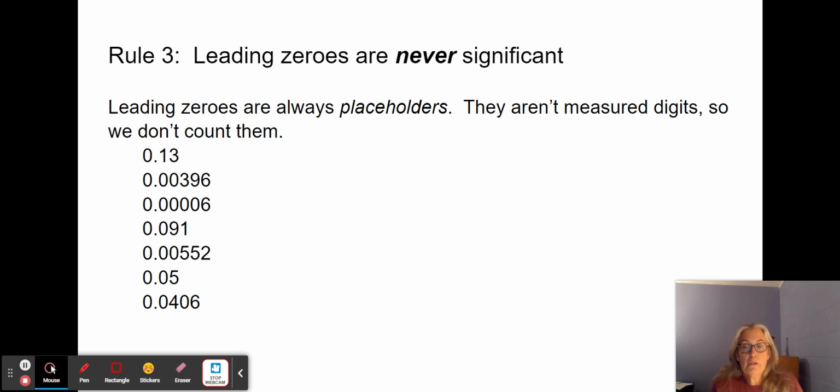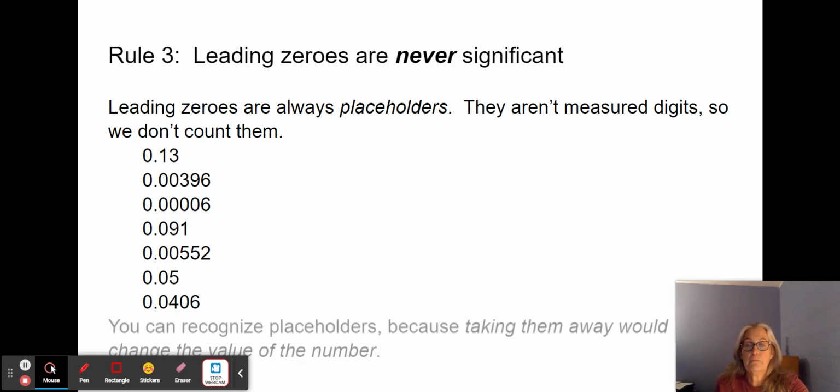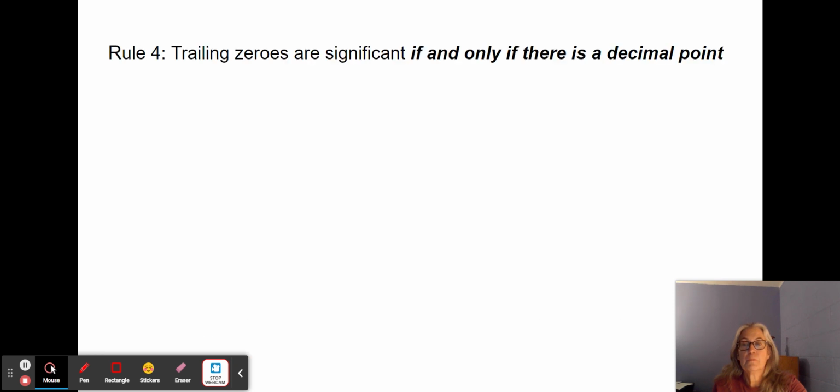The 4 and the 6 are both non-zero digits and they're significant, and the 0 appears between 2 significant digits, so it is also significant. Now you can recognize placeholders because taking them away would change the value of the number. So the idea of placeholders also applies to Rule 4.